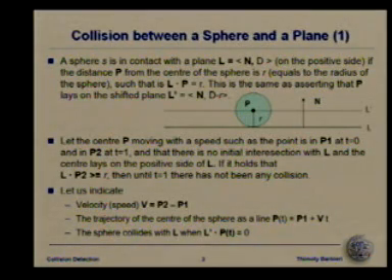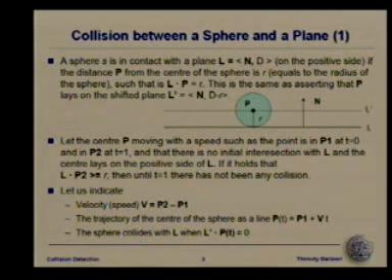Consider a sphere S, which is in contact with a plane L. So you remember that the plane is actually described as a vector with 4 elements, 3 elements being the normal to the plane which I'm describing.